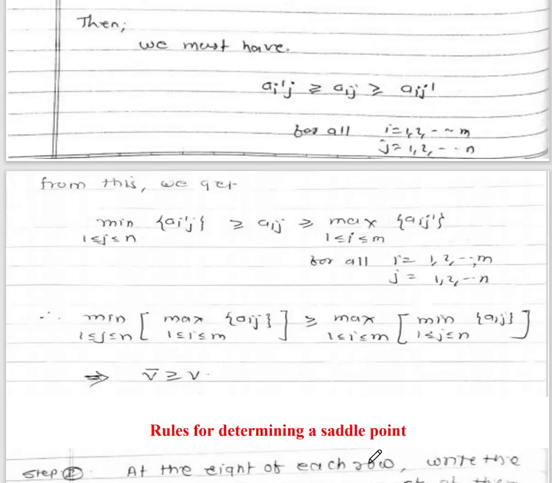And this can also be written as minimum over j varying from 1 to n of maximum of Aij, i varying from 1 to m, greater than or equal to maximum over i between 1 to m of minimum Aij, j between 1 to n. So this is nothing but upper v bar greater than or equal to lower v bar.